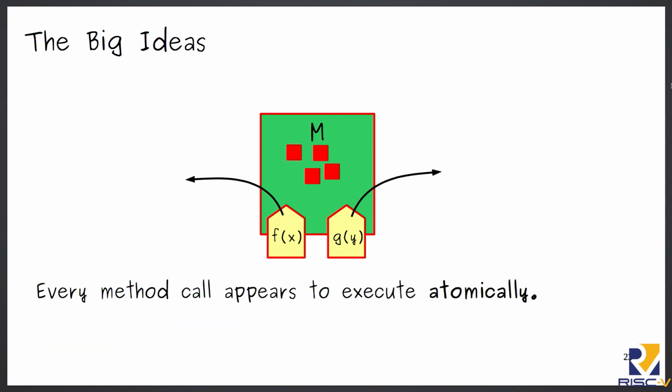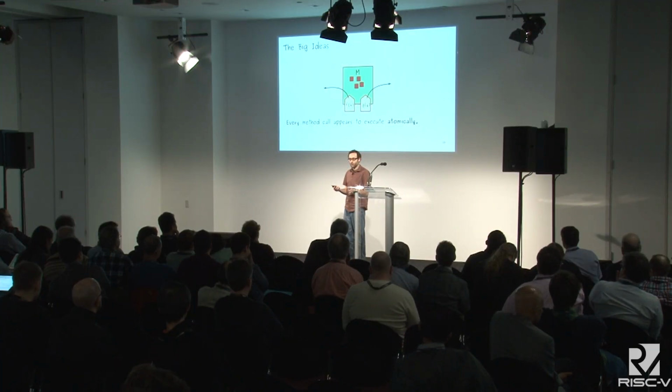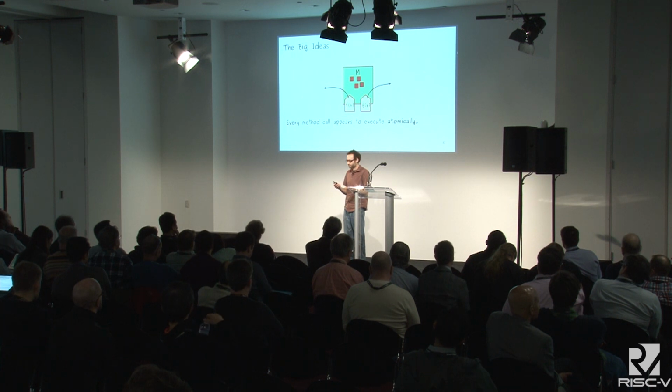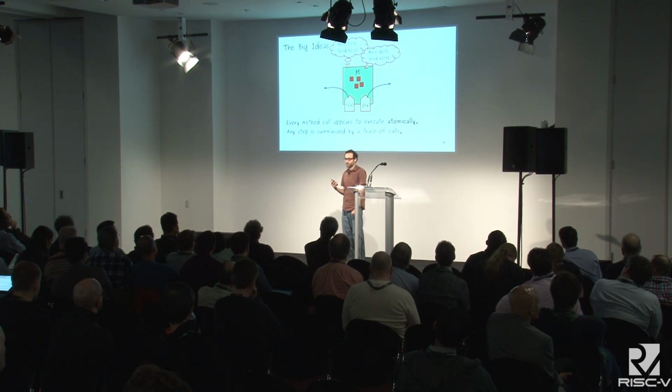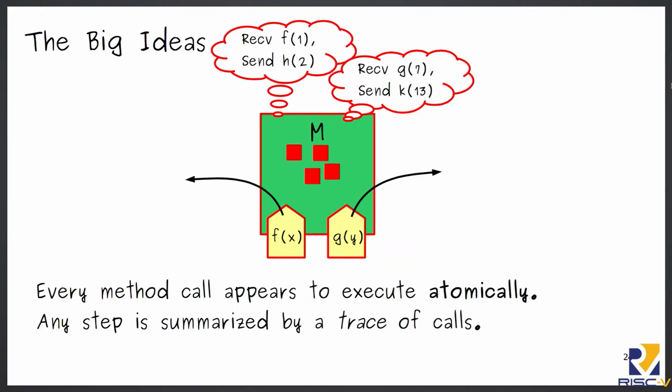Another key thing about this model is that in Bluespec, every method call appears to execute atomically, meaning that execution runs uninterrupted with no observable concurrency from other modules doing things at the same time. And what this means is when we run one step of execution in this atomic model, we can summarize that step as a trace of all the method calls that happen.